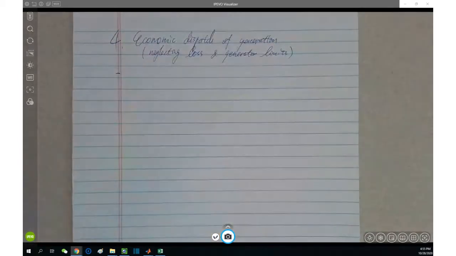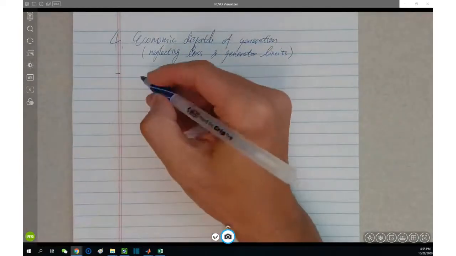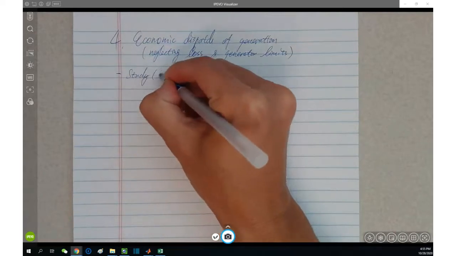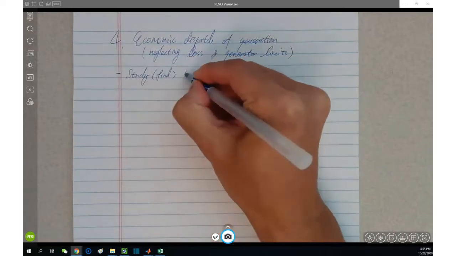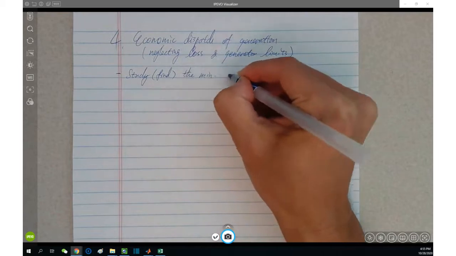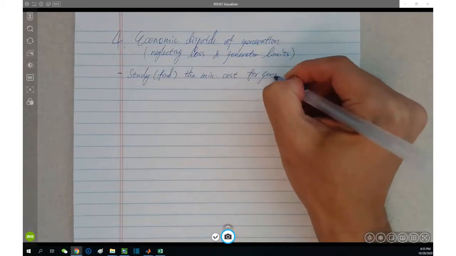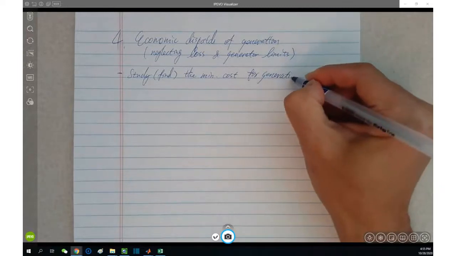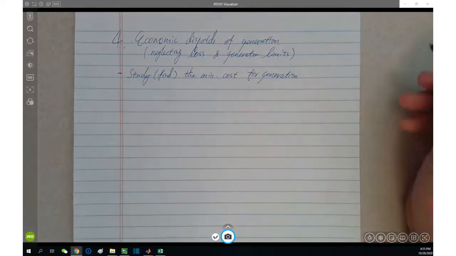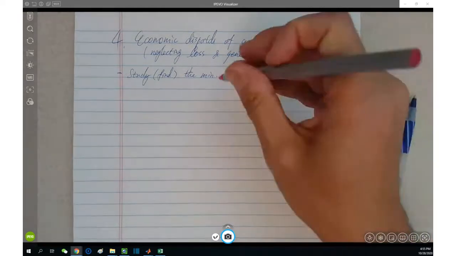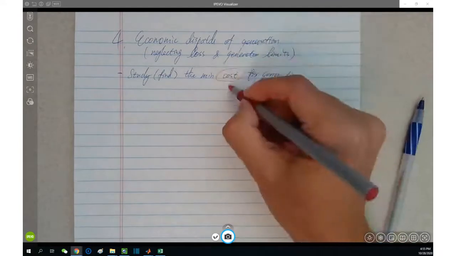We are trying to find the minimum cost for generation. So from here, you can easily tell the cost is our objective function.